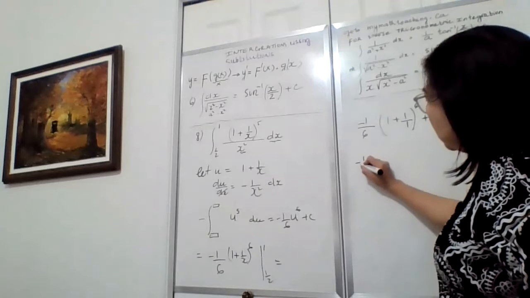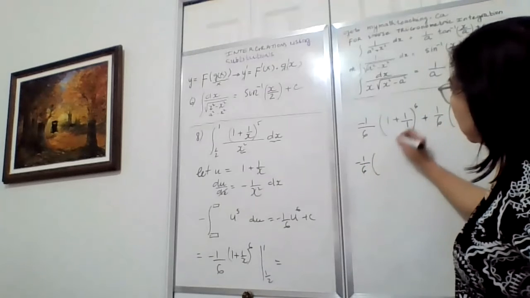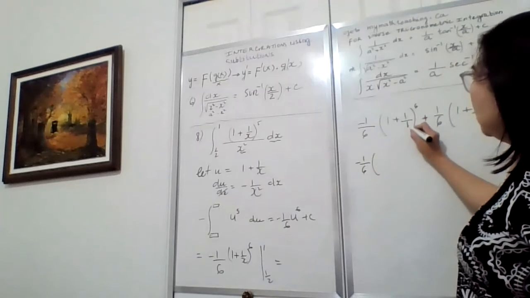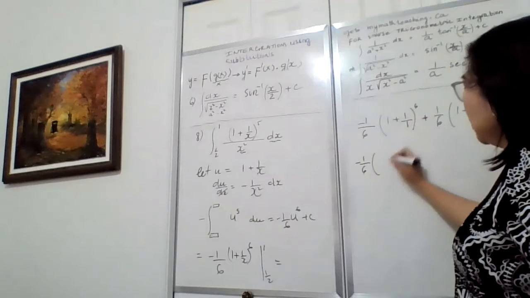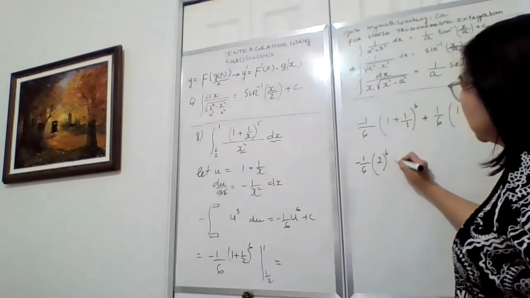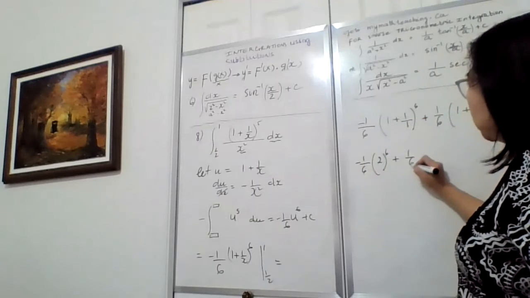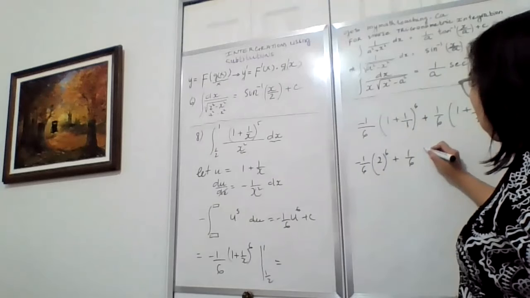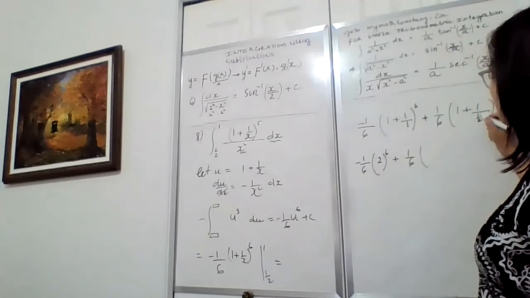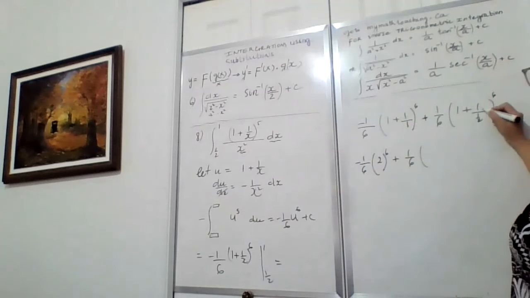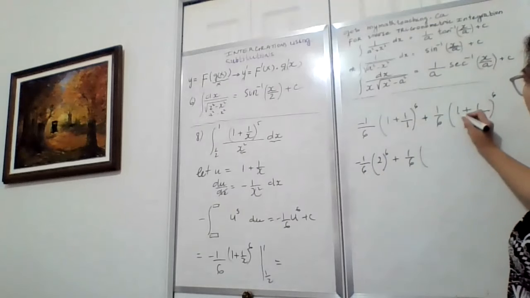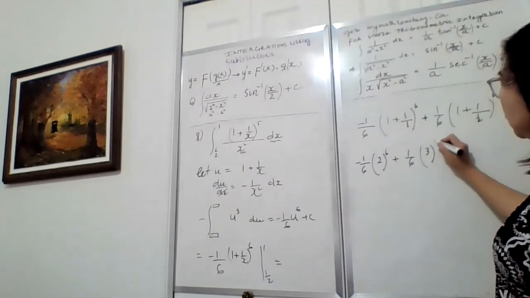So let's evaluate this. Minus 1 over 6, 1 over 1 is just 1. So 1 add 1 is just 2, 2 to the power 6. Adding with 1 over 6. And this one is 1 over 1/2. 1 over 1/2 is 2. 2 add 1 is 3. 3 to the power 6.